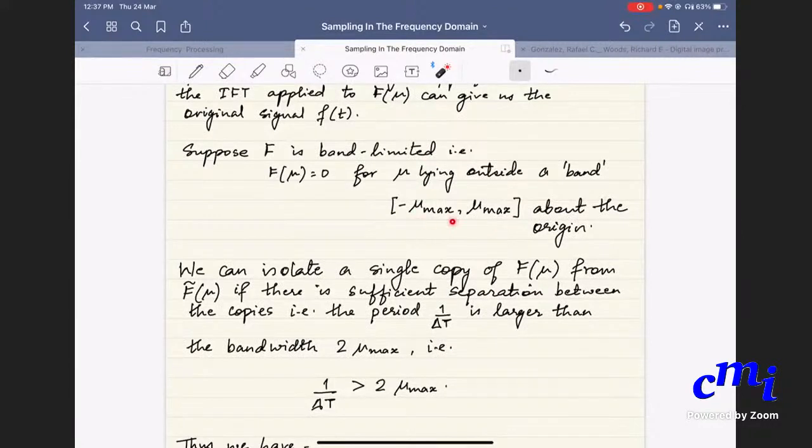Now, since I have taken this kind of interval, the bandwidth is going to be twice u max. And as I explained earlier, the sampling theorem says that if the sampling rate is larger than the bandwidth, then you are good to go. So essentially, 1 over delta t should be greater than twice mu max.